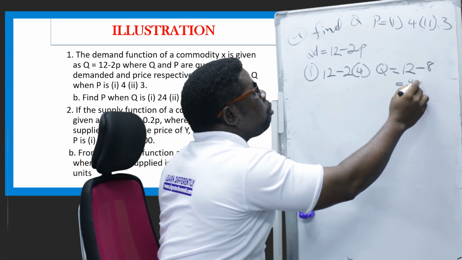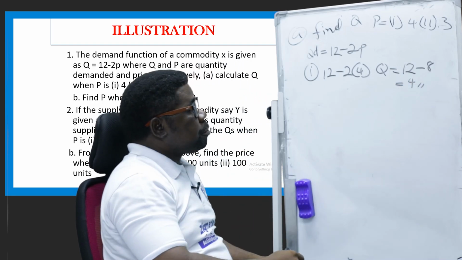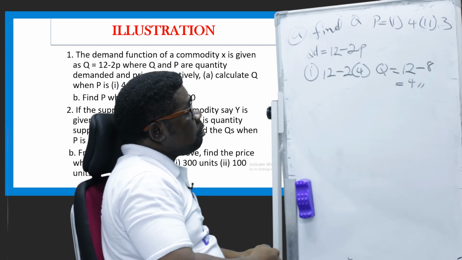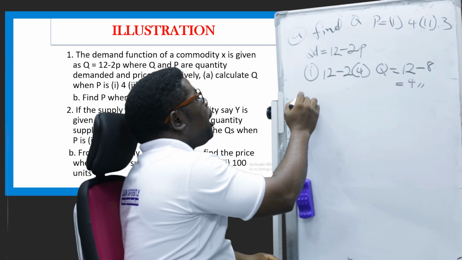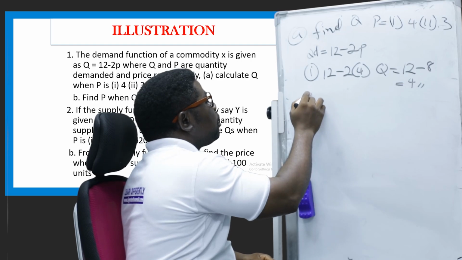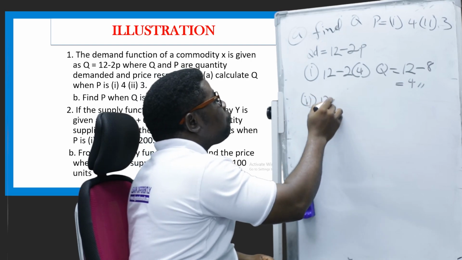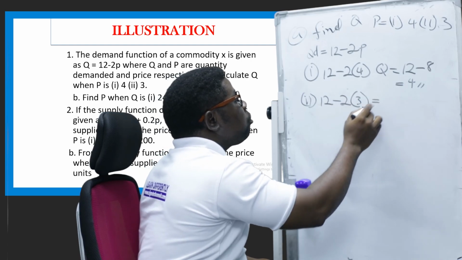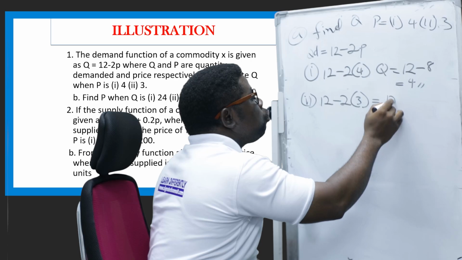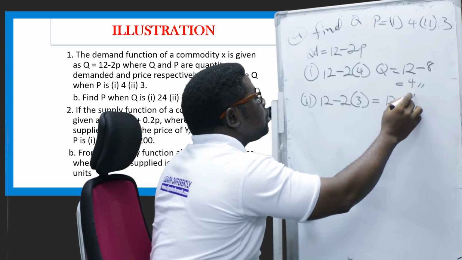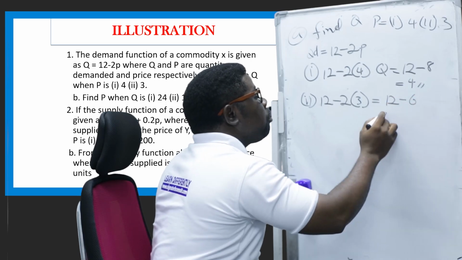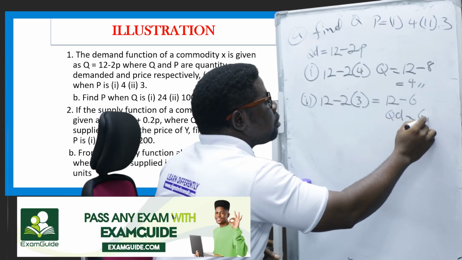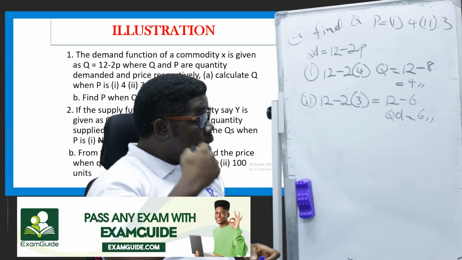So QD is 4. Am I correct? Because 12 minus 8 is 4. Then for II, 12 minus 2 bracket 3 is 12 minus 6. So QD is equal to 6. As simple as that.